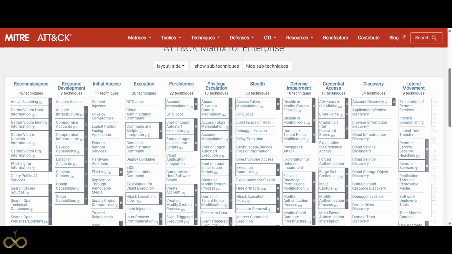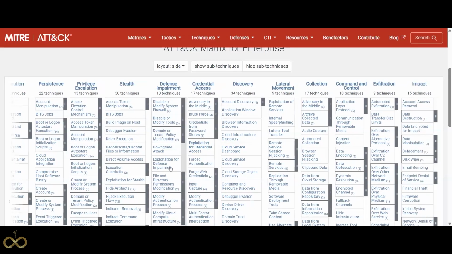Then you have execution. Execution means running a malicious piece of code. It can be through scripts, PowerShell, command prompt, anything. All these categories are mentioned here. Take your time, explore this after the session today. Try to understand this.